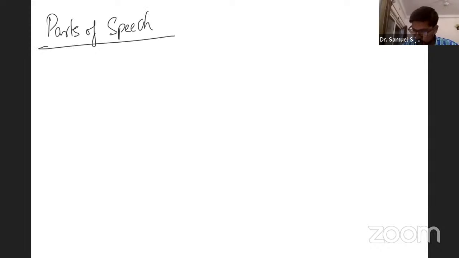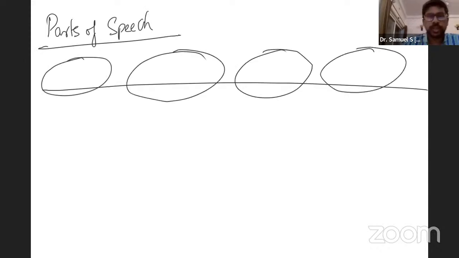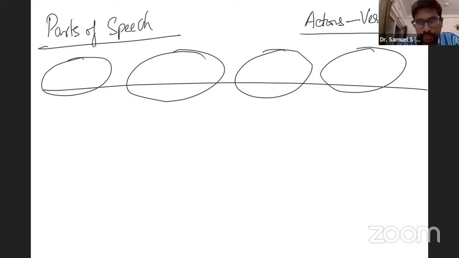So when you have a sentence, each word in a sentence has a specific function, right? There are some words which denote actions. And those words are called verbs. They have a specific function in a sentence. They try to capture what's the action that's happening.